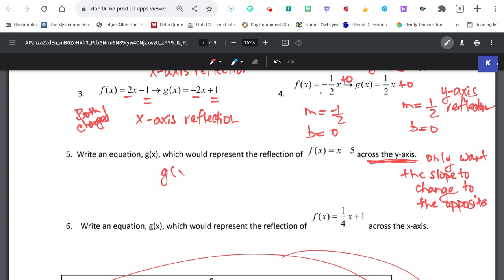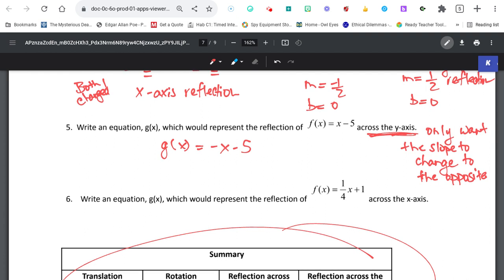So g of x would just be negative x minus 5. That's it. That's the new equation if you only want y-axis reflection, okay?